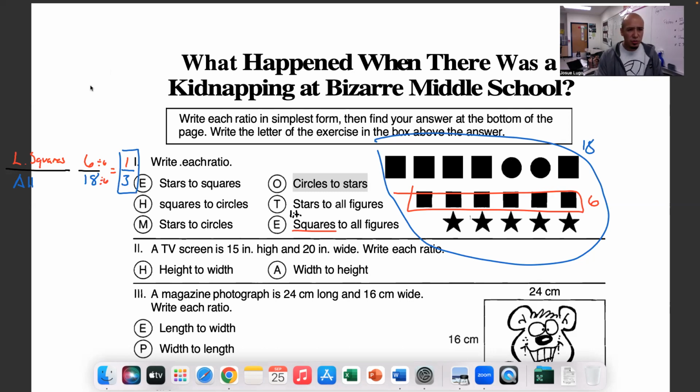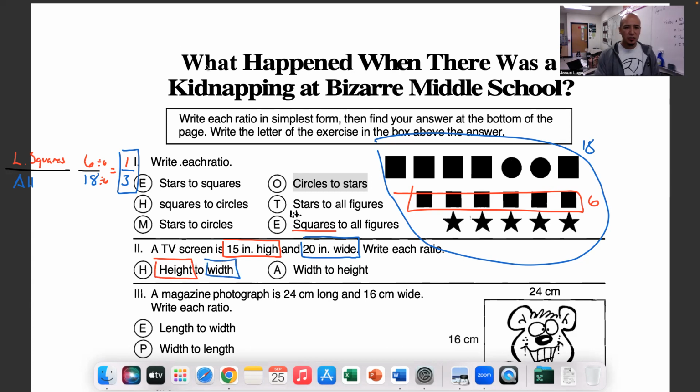All right, let me just try one more with y'all. So let's go down here and do this one where it says a TV screen is 15 inches high. That is the height. And it is 20 inches wide. And we want to write the ratio. Well, notice, ladies and gentlemen, that here on number 2H, it's asking the height to the width.